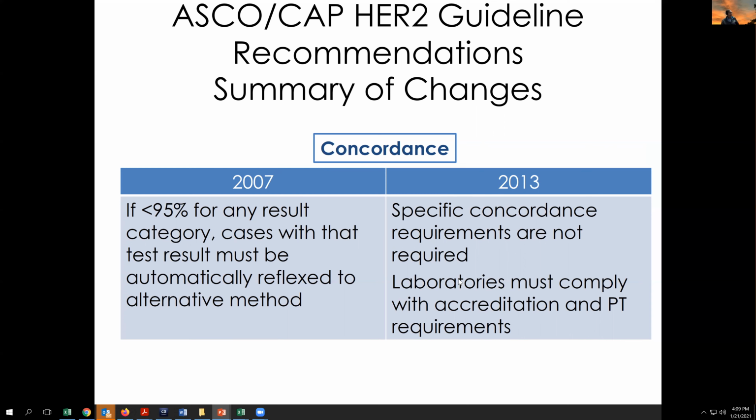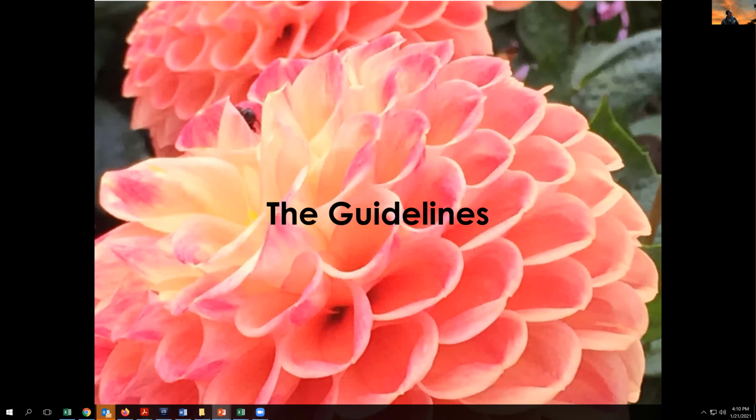The laboratories only had to comply with accreditation and PT, and any specific numeric requirement was lifted. So there is obviously evidence that use of guidelines over time will provide guidance as to what ones are helpful, what ones are an overly heavy burden, and what seems to be the best thing to go with.